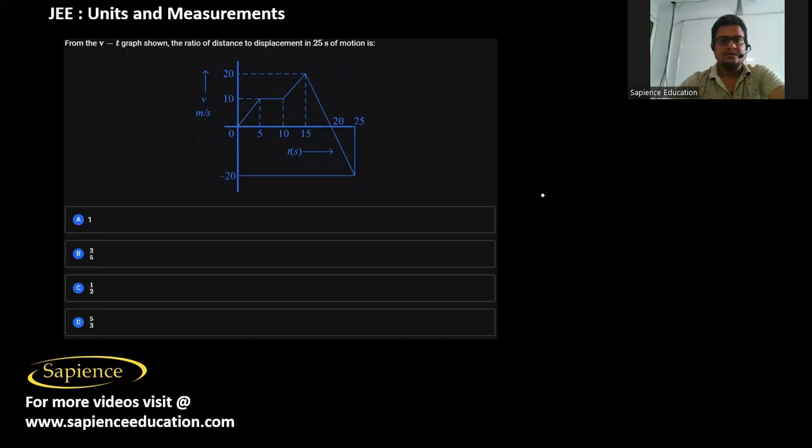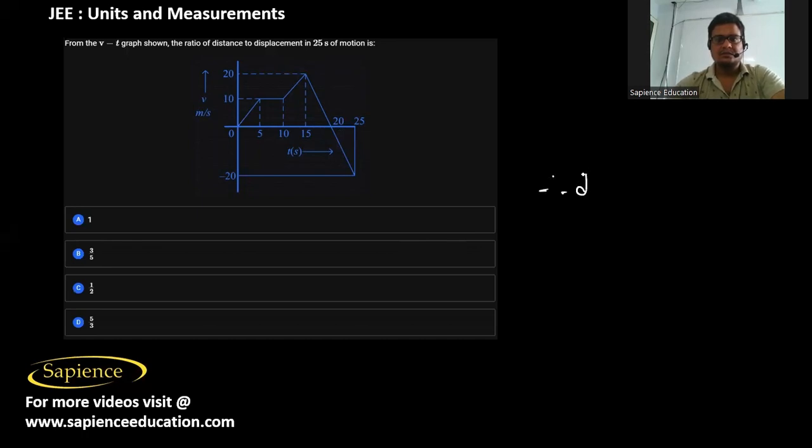So this is the velocity VT graph. So from 20 second to 25 second, the displacement is negative. So this part we have to add if we want to find the distance.